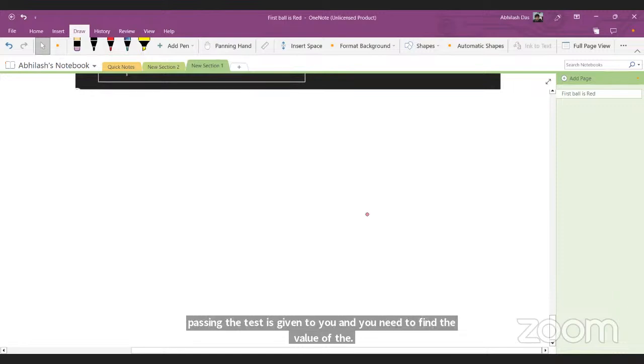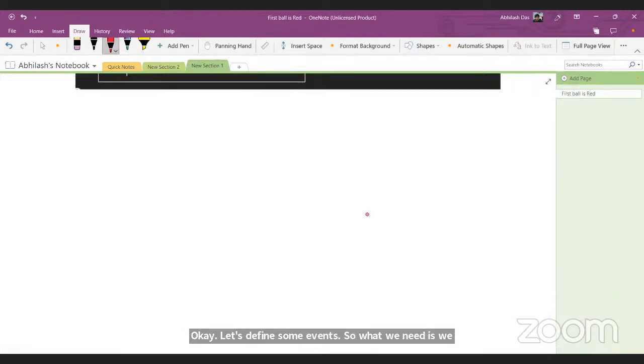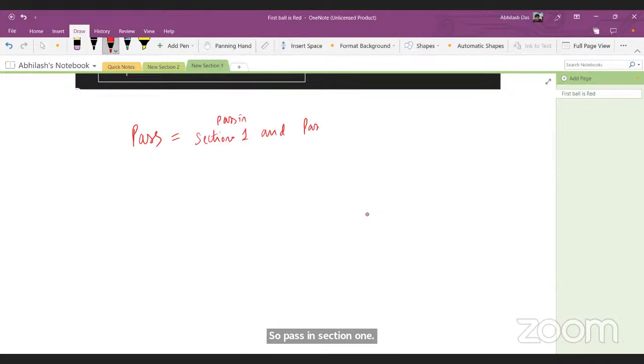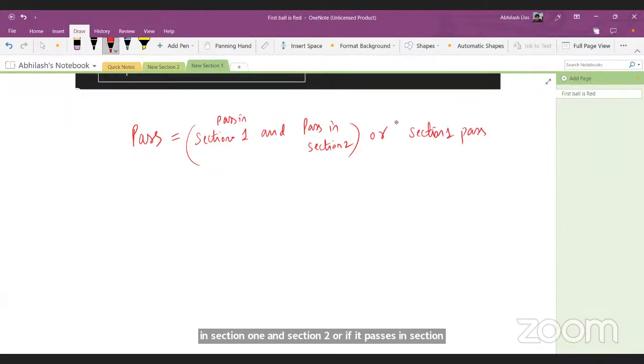So what we need is, let's define an event called pass. What it means, if the student passes in section 1, so pass in section 1 and pass in section 2, or so how will he pass, right? He will pass if he passes in section 1 and section 2, or if he passes in section 1 and section 3.